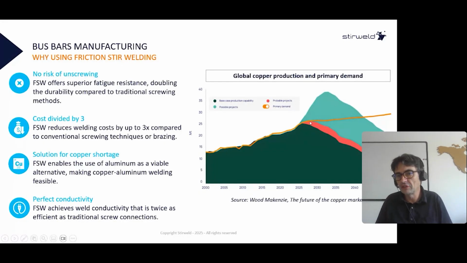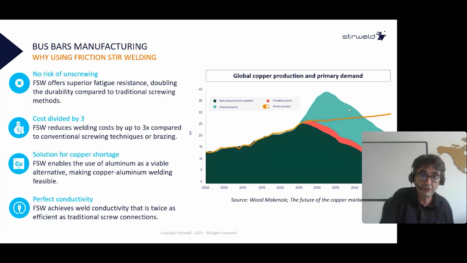But the second result is, if we include the possible mining projects, we'll reach a peak just after 2030. So in fact, here we have a double problem: more demand and less copper. That is the best combo to get an increase of copper price. Of course, today and in the past 5 years, the cost of copper has increased, but that is just the beginning.